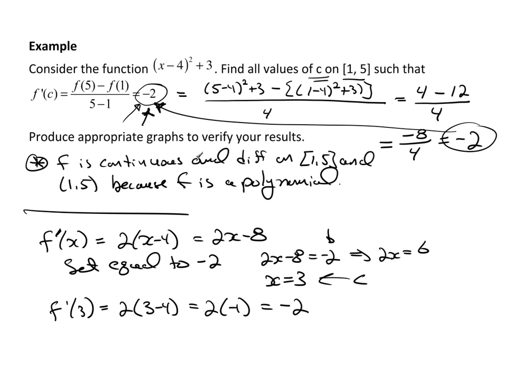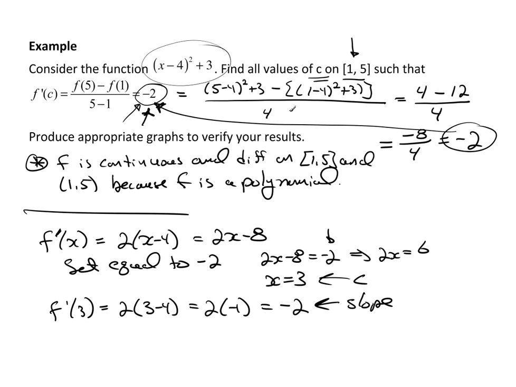Now, for me to use appropriate graphs to verify the results, I have the slope. What I need is a point so I can find the equation of the line. Then I can graph the equation of the line along with the original function to show that it's reasonable. So I need f of 1.